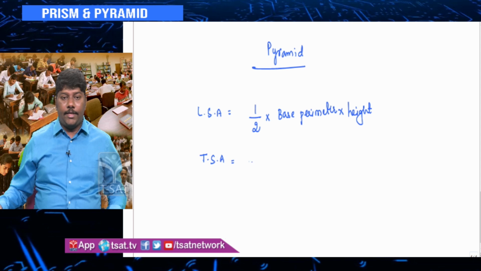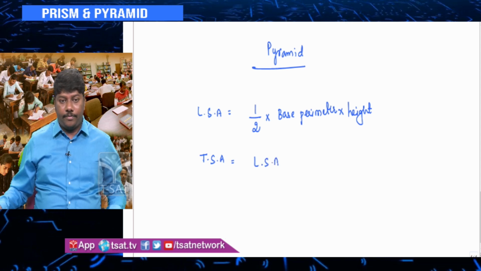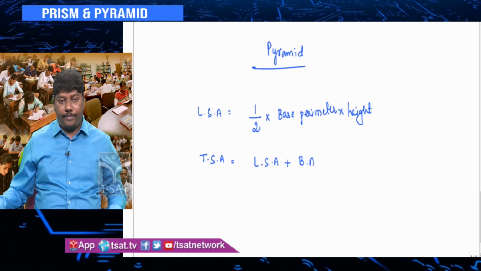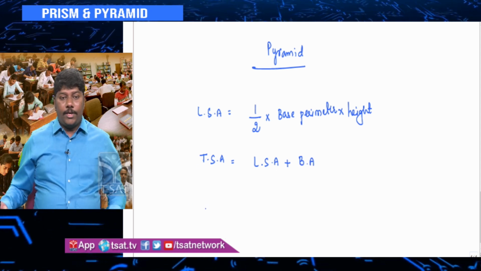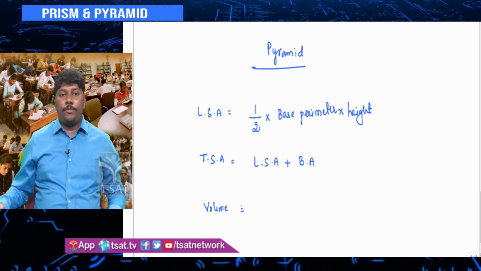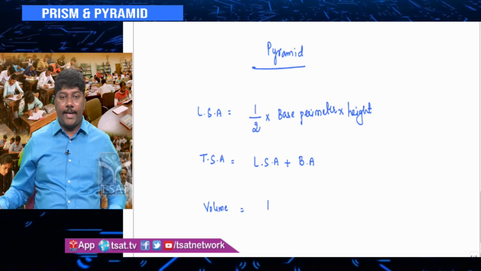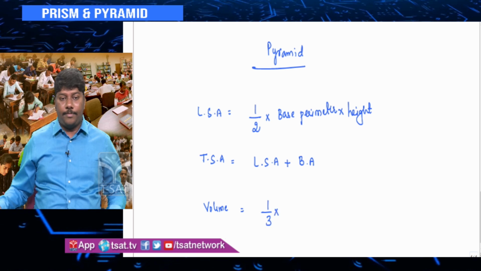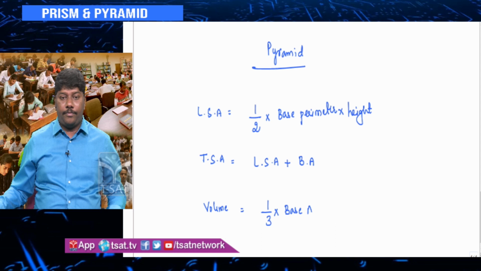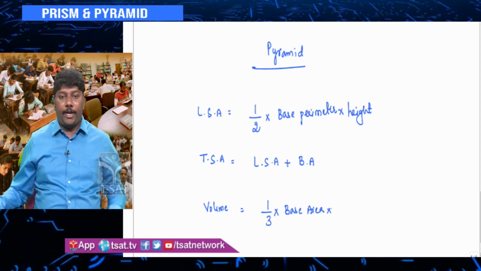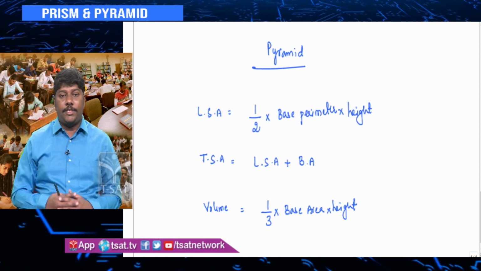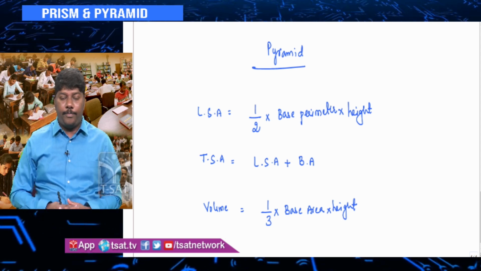Total surface area is lateral surface area, along with this you just need to add base area. What is volume? Volume of the pyramid is exactly 1/3 of the volume of the prism. What is the volume of the prism? Base area, you multiply it with height. So, these are the formulas related to the pyramid.